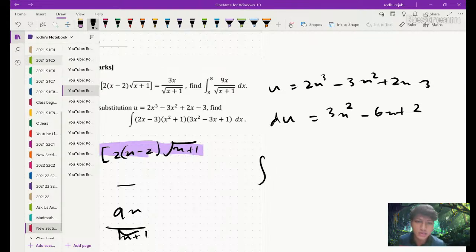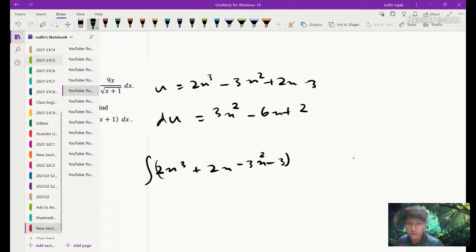We have to expand this equation, so it will be 2x cubed plus 2x minus 3x minus 3. Then we'll get 3x squared minus 3x plus 1.